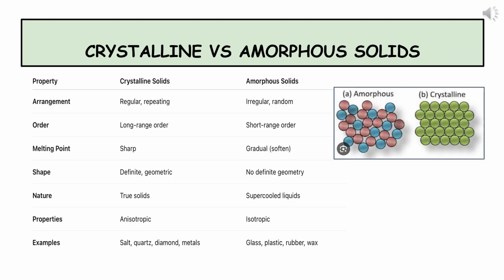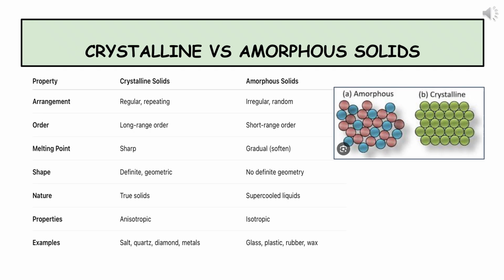Now, let's go ahead with amorphous solids. Amorphous solids have an irregular and random arrangement. Their order is short range. Their melting point is gradual, that is, they soften, not as sharp as that of a crystalline solid.